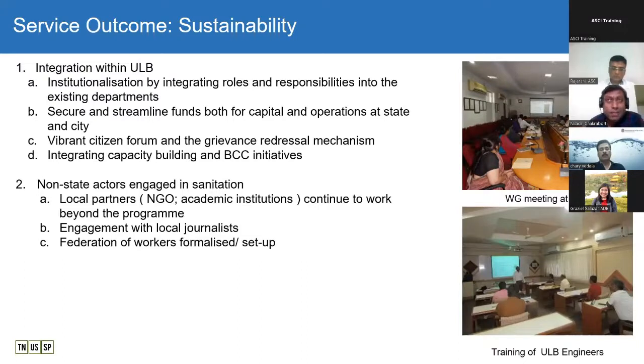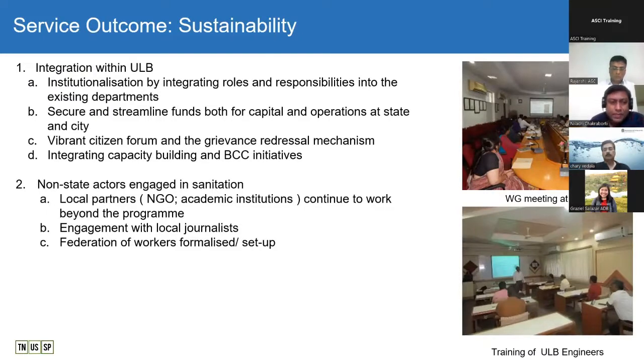Local journalists are playing a very key role in our cases, because as different CWIS things come up, local papers like The Hindu and Times of India are bringing very good stories on that. And we are also federating the workers, developing their federation association, so that things continue beyond this implementation phase.